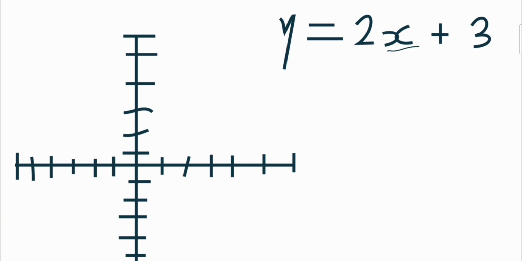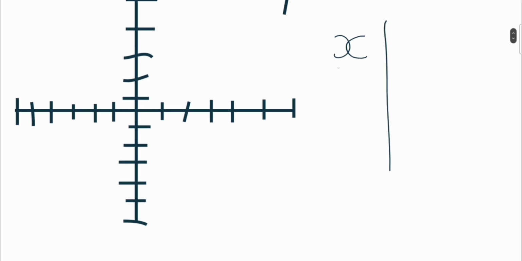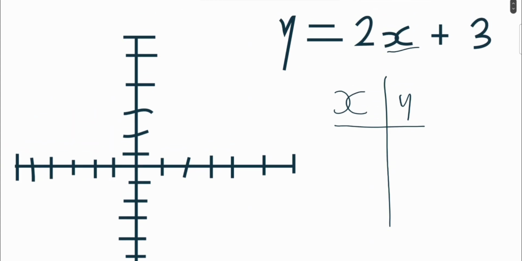So here, we can work this first equation out, the slope, by using a table like this. So we'll draw it up like this, x and y. So we can input x values, and then this equation will give the output in y values.